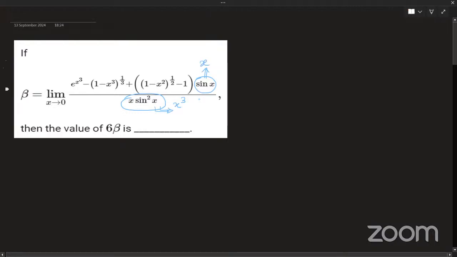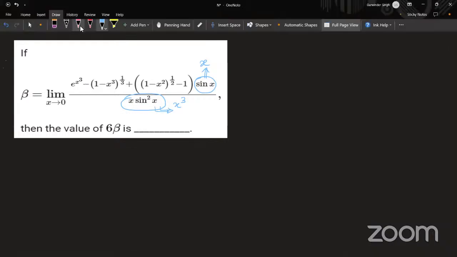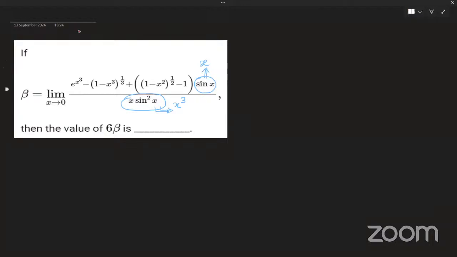So now just tell me, in the denominator, I have x cube, okay? And this x we got over here is just getting multiplied with this term. It is not multiplied with these two terms. So I can't cancel it. So if I have x cube in the denominator, what power of x in the numerator will decide the value of limit?